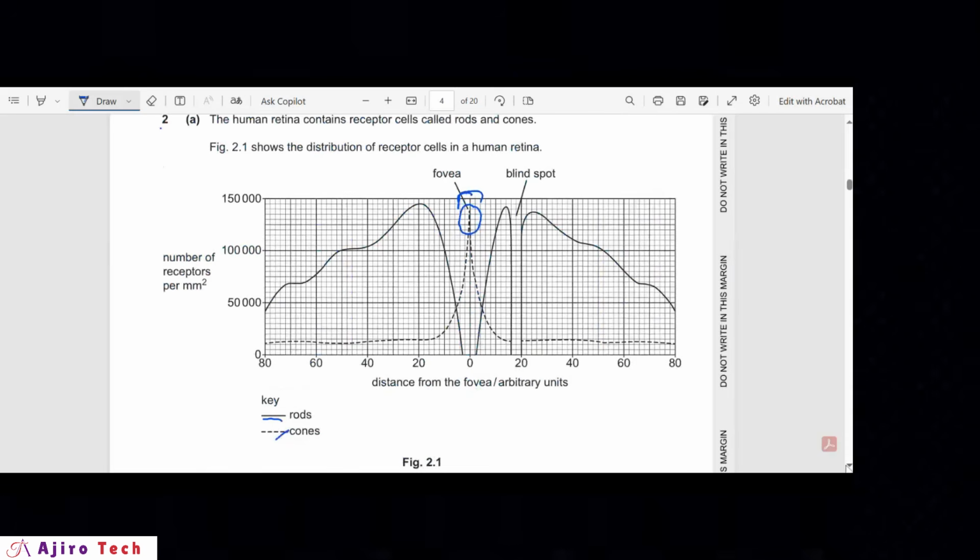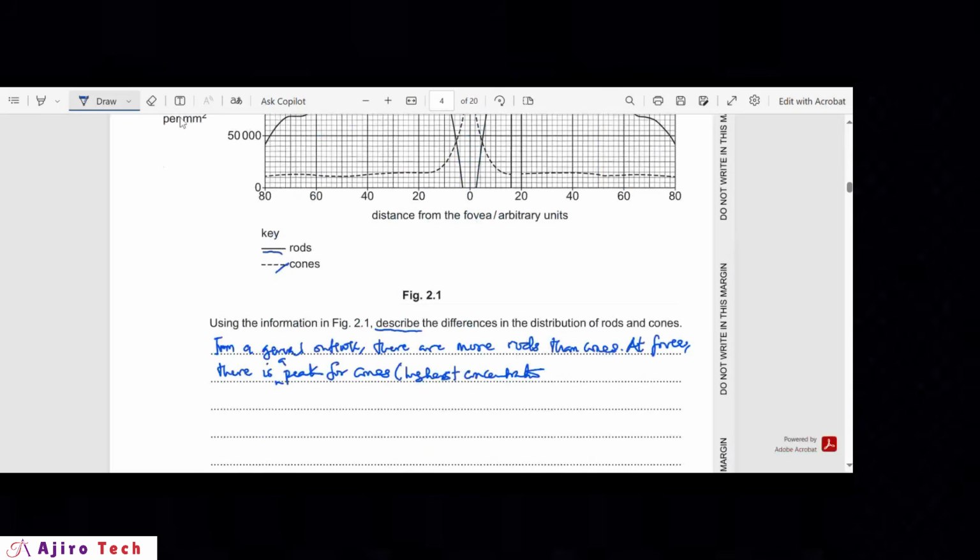So highest number, based on what is on the y-axis, highest number of cones at the fovea.